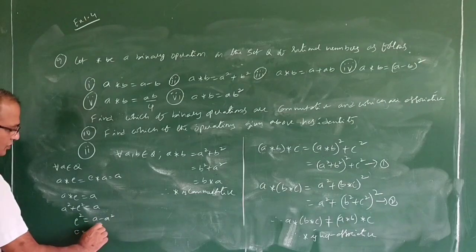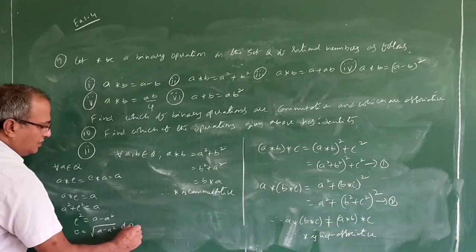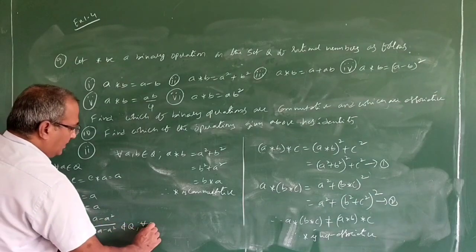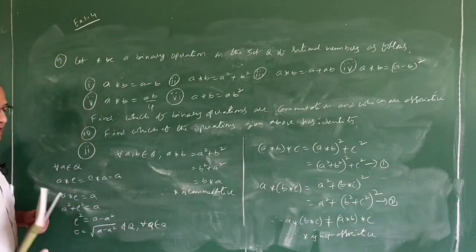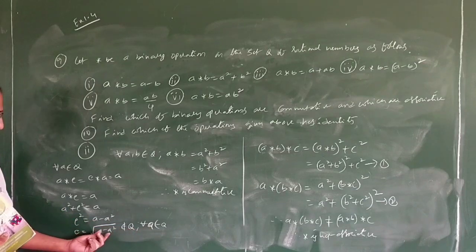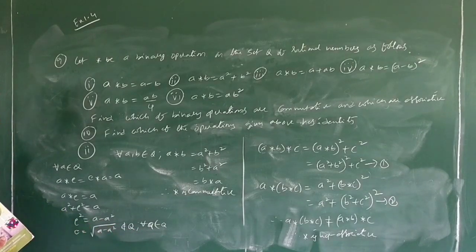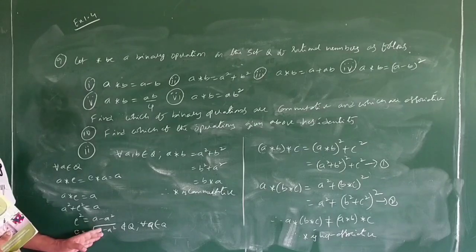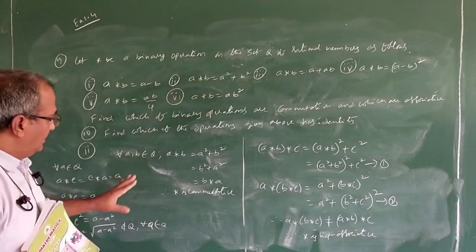E is equal to root of A minus A square, which does not belong to Q for all A belongs to Q. It is not in Q because it becomes a complex number sometimes. So we can say there is no identity with respect to star.